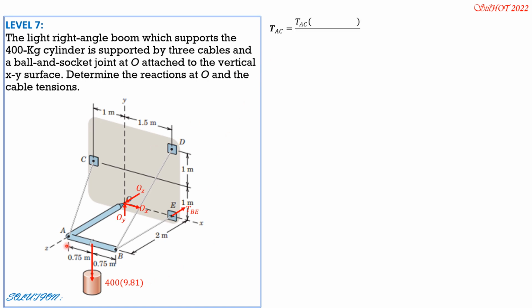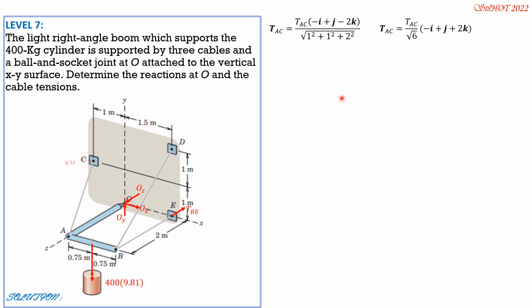So tension AC is along X negative 1, along Y positive 1, and along Z negative 2. So it is magnitude of tension AC, quantity negative 1I, positive 1J, then negative 2K, divided by square root of 1 squared plus 1 squared plus 2 squared. So it is tension AC over square root of 6, quantity negative I plus J plus 2K.